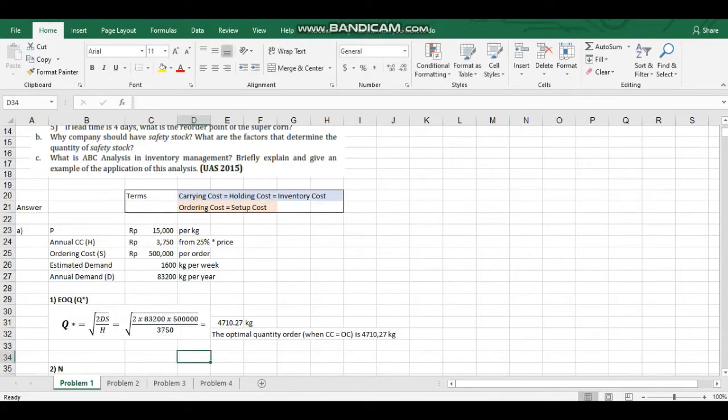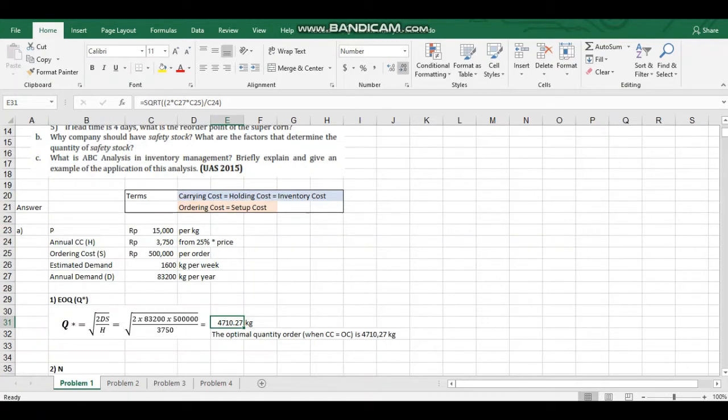The annual demand is 83,200, multiplied by the ordering cost, which is 50,000, and then divided by the holding cost or carrying cost. Here we got 4,710 kilogram.